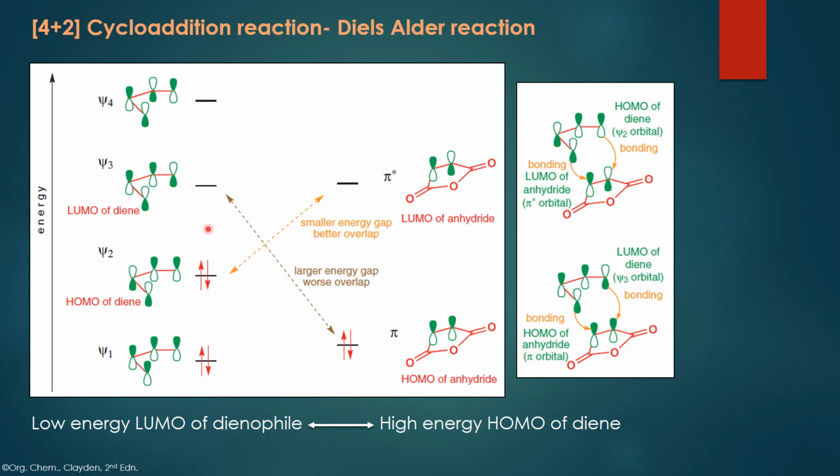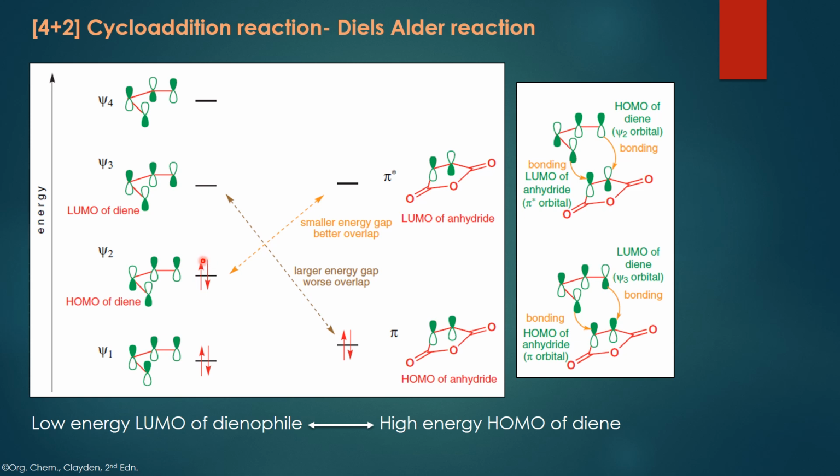In the last video we said that the diene reactivity can be increased by an electron releasing group, and the dienophile reactivity can be increased by an electron withdrawing group. Here, if an electron releasing group is attached to this diene, the energy of this psi2 increases.